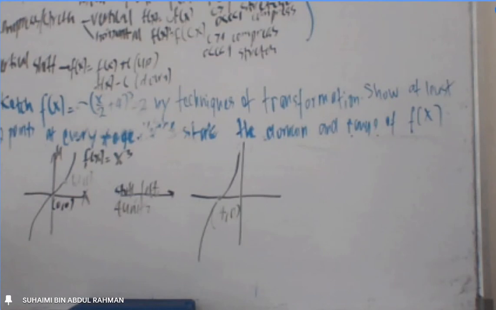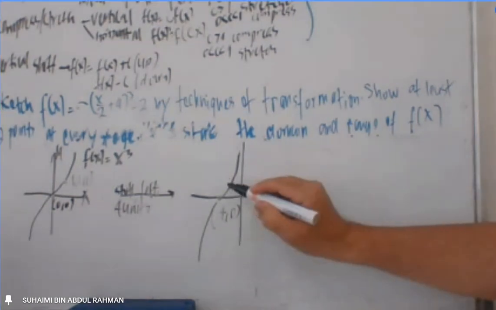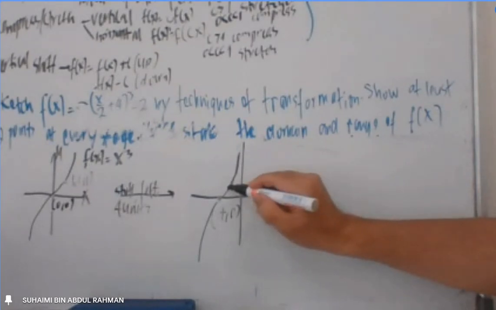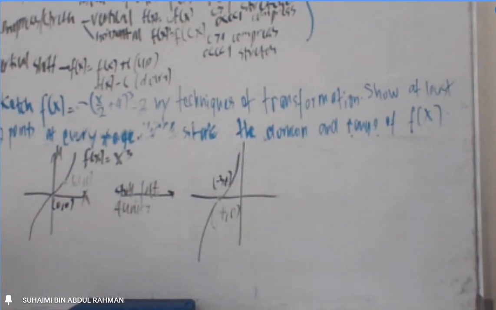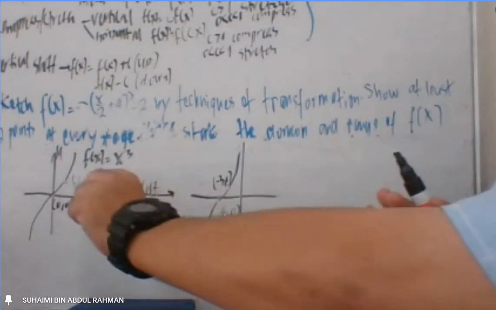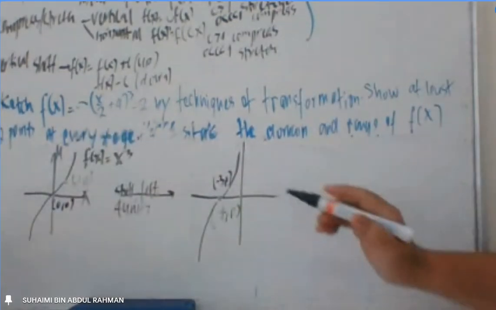Negative 1, 1. Negative 3, 1. Minus 3, 1. 3, 1. Because shifting to the left, shift is just like this one, we shift to the left.